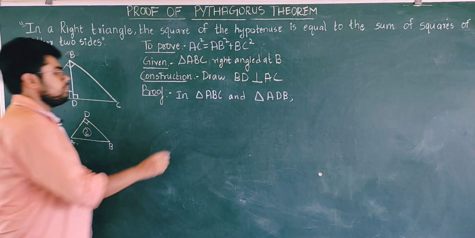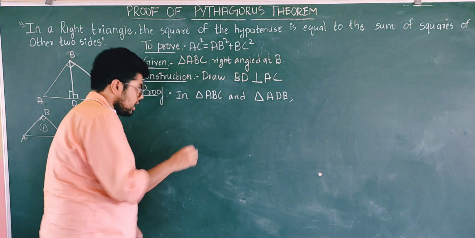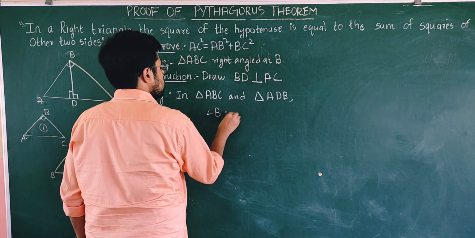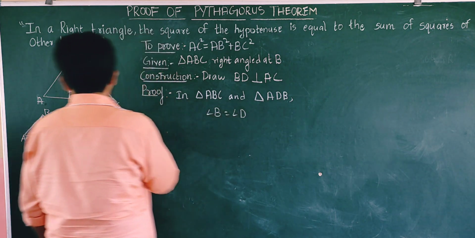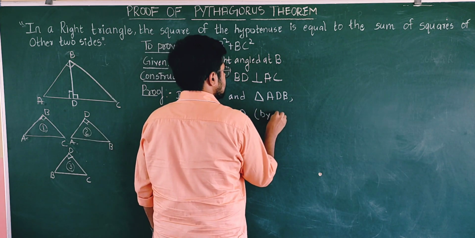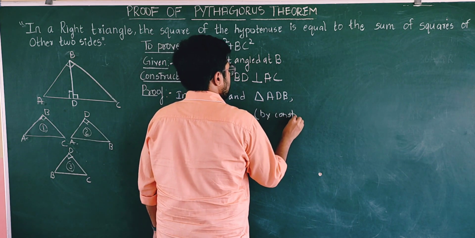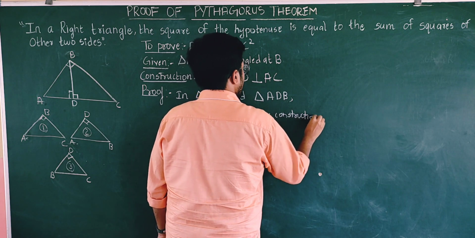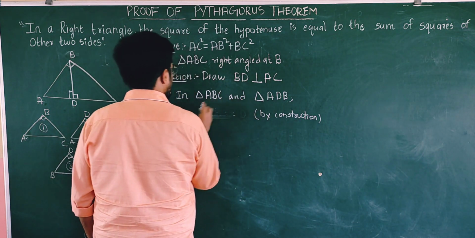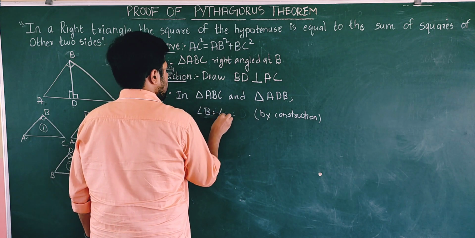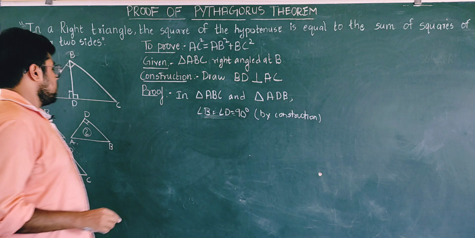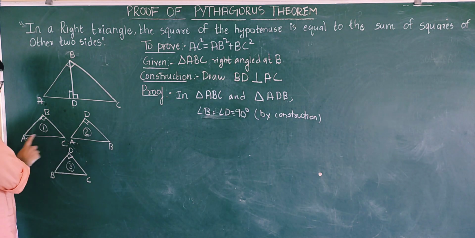So can I write, in both triangles, angle B is equal to angle D? By construction, I took B as 90 degrees. Just write angle B is equal to angle D is equal to 90 degrees. Next, angle A is common for both triangles.